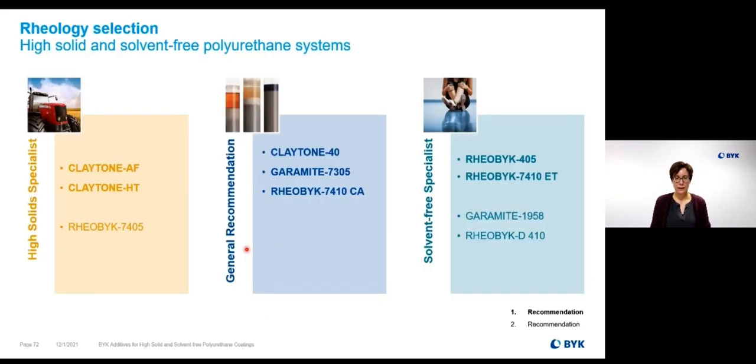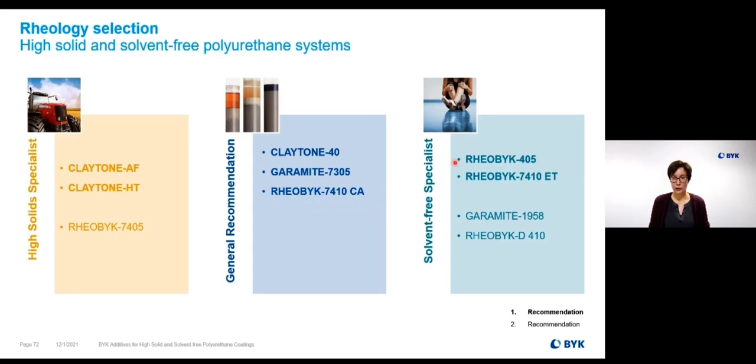So that leads me to the last selection chart for high solid and solvent-free PU systems. When we talk about Claytone, I mentioned that we always start with Claytone 40. We have Garamide 7305 and our liquid thixotropes, Rheobyk 7410 CA.